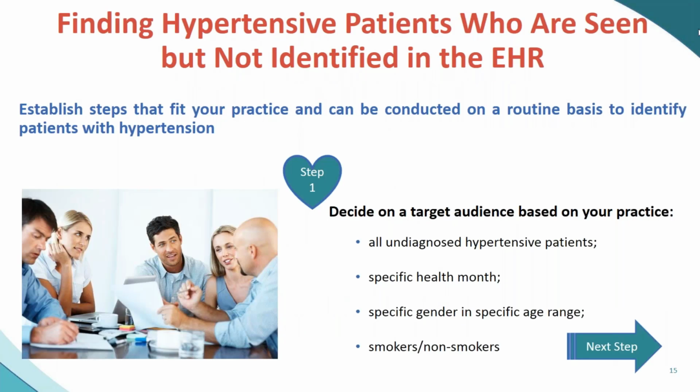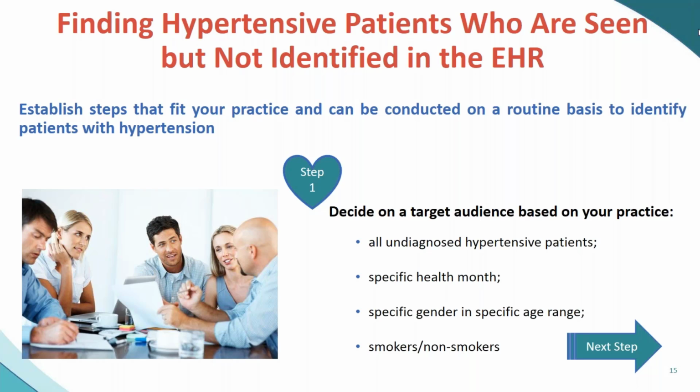Here are steps you want to take as you're trying to determine how to use your EHR system more effectively and how to find the missing patients. First of all, this is a process, and it is a process that is based upon your particular site, your particular patients. You're going to know if there's a certain composition of your patients that you're concerned about, or there's a certain occasion where you want to be more specific.